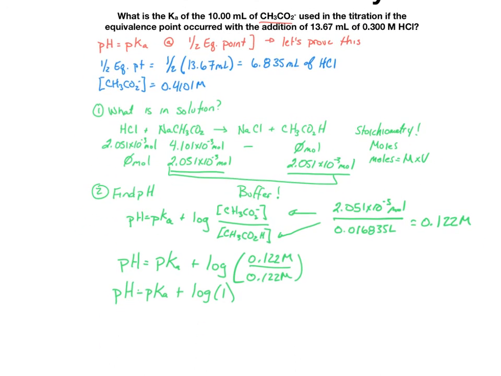Now, it turns out that if you type this in your calculator, you will find that the log of 1 is equal to 0. And so this means that at the half equivalence point, the pH is equal to the pKa.